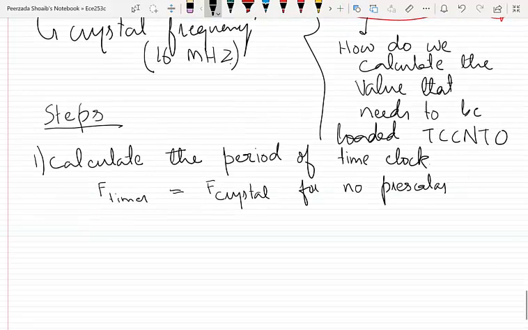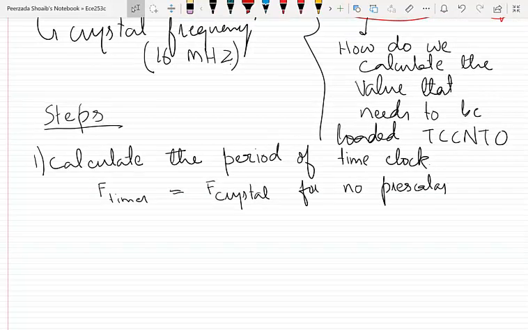But if we use prescalers, and you should remember we discussed this in one of the previous classes, we have 3 bits in timer control register B: CS02, CS01 and CS00. By loading different values in these 3 bits, we can configure the timer to be used in different modes with different prescalers, or also as a counter.